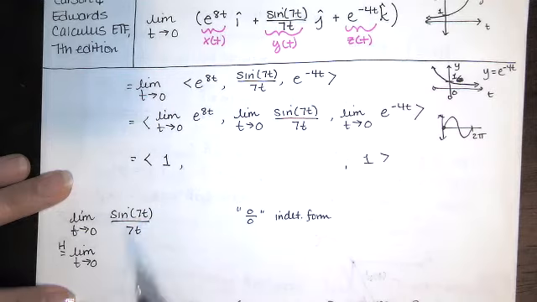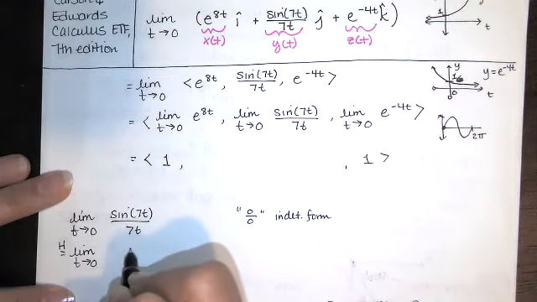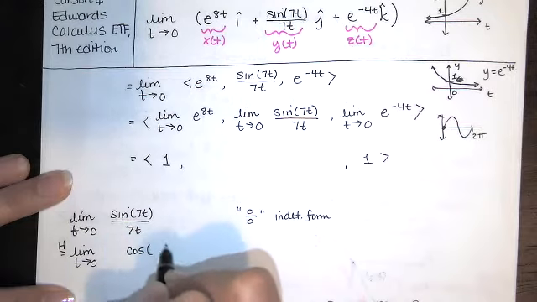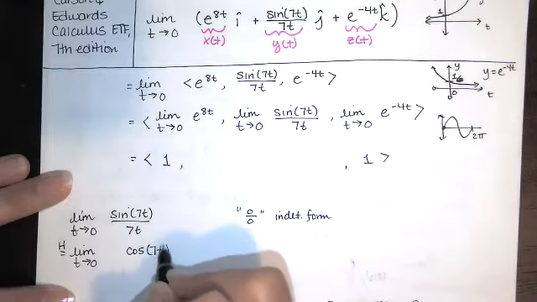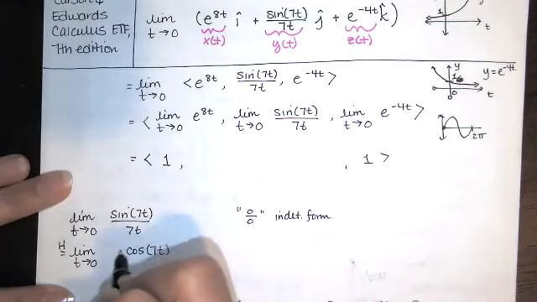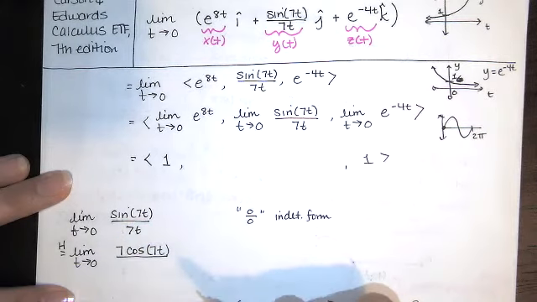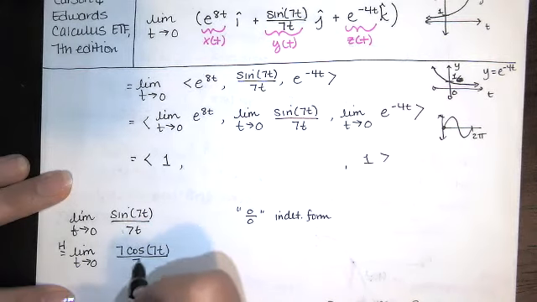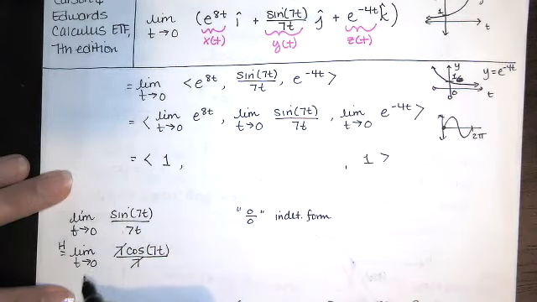You take the derivative of the numerator. The derivative of sine of 7t is cosine of 7t, since the derivative of sine is cosine, times the derivative of the inside by the chain rule, so that's a 7, all divided by the derivative of 7t. The derivative of a constant times t is just your constant. The 7's reduce, and then you have the limit as t approaches 0 of cosine of 7t.